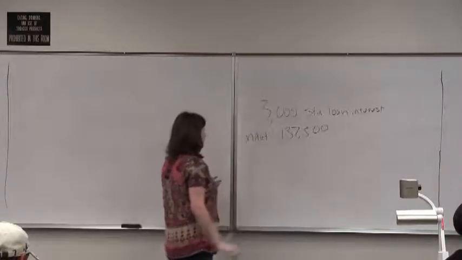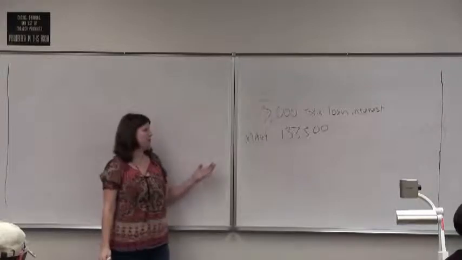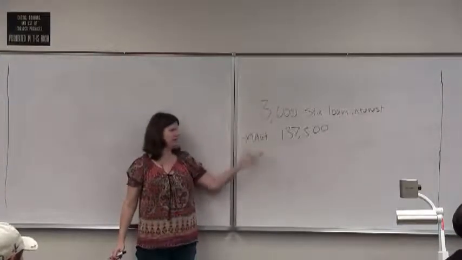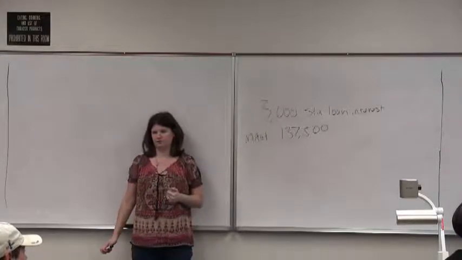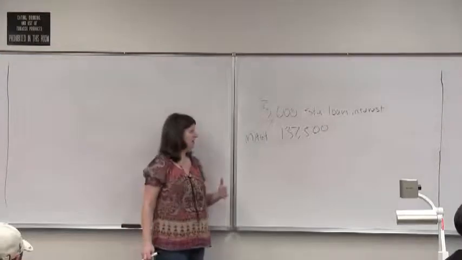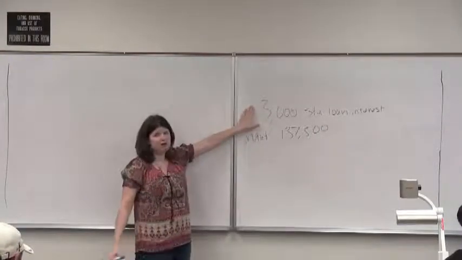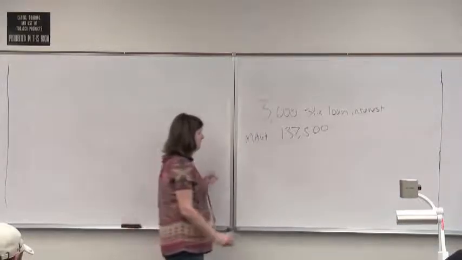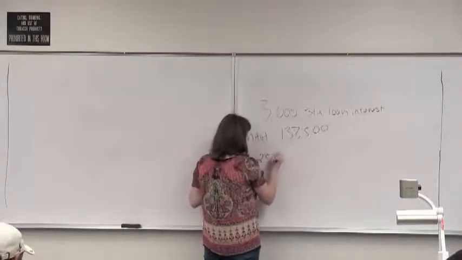So the first question, what is the maximum amount of student loan interest that they would be able to deduct before the consideration of the phase out? That's right, $2,500, right? So we know they're definitely not going to be able to deduct $3,000. Definitely not happening. $2,500 is the max.